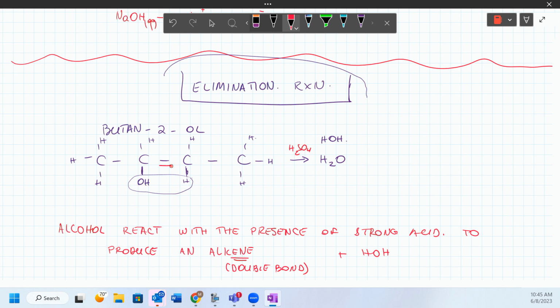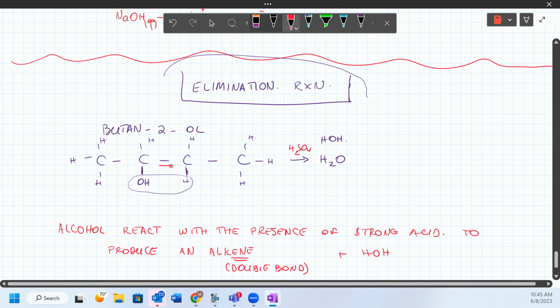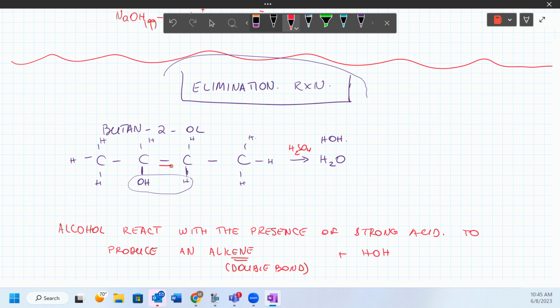So now the question that you may have is, why is this OH bonded with this hydrogen to form the double bond here? Because what you are doing here is water and butene, which structurally is carbon, carbon, carbon, carbon, and then hydrogens.